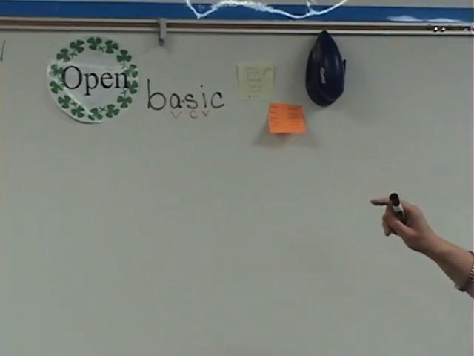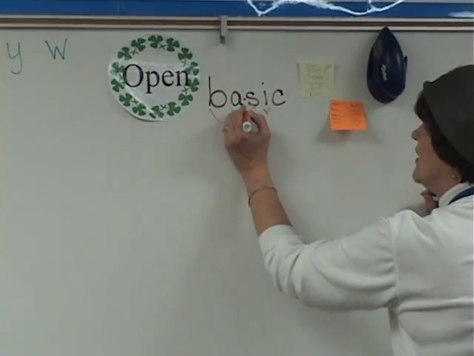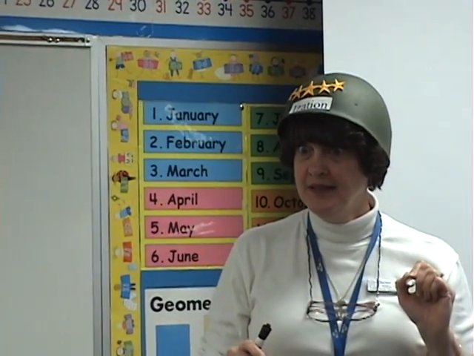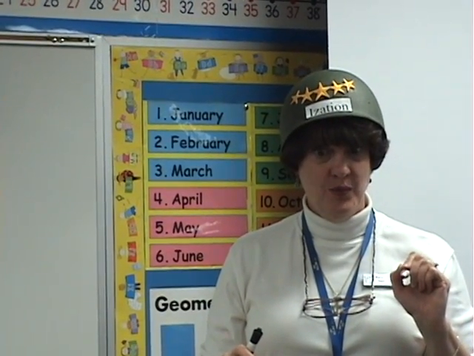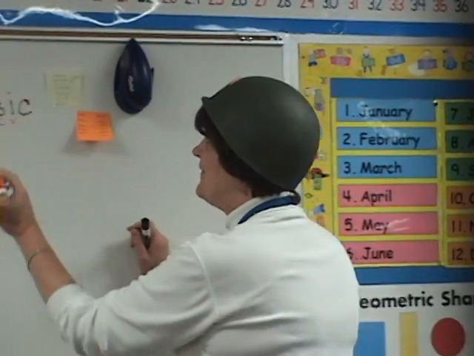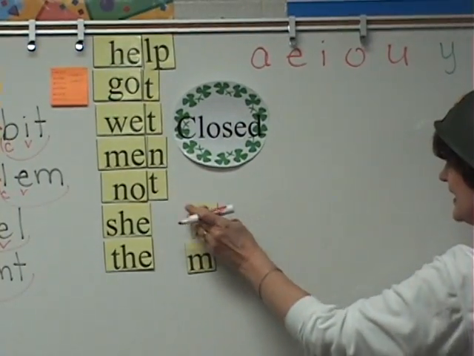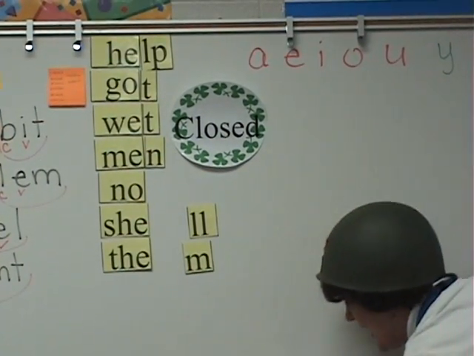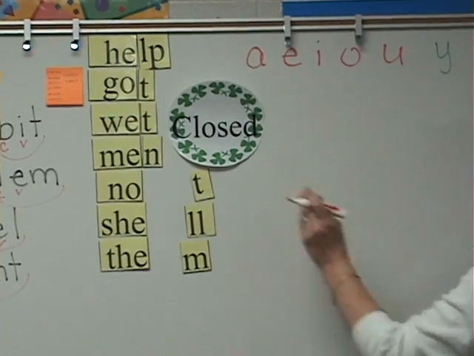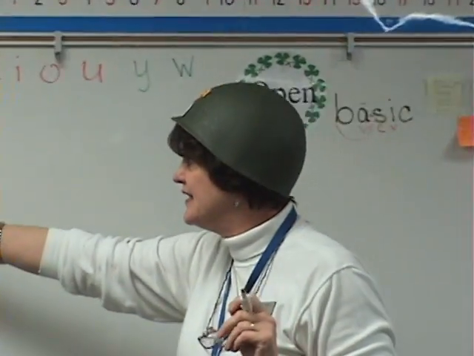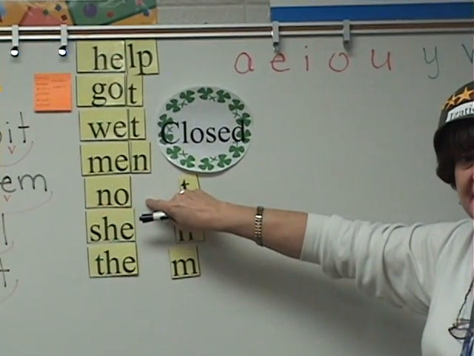So if the first syllable ends in a vowel, what does that first syllable say? What does that first syllable say, Jasmine? It ends in a vowel. And remember what we said about syllables that ended in a vowel? What does the vowel say when the syllable ends in a vowel?